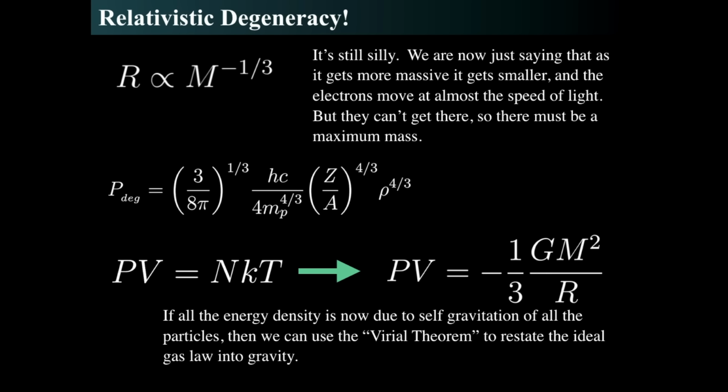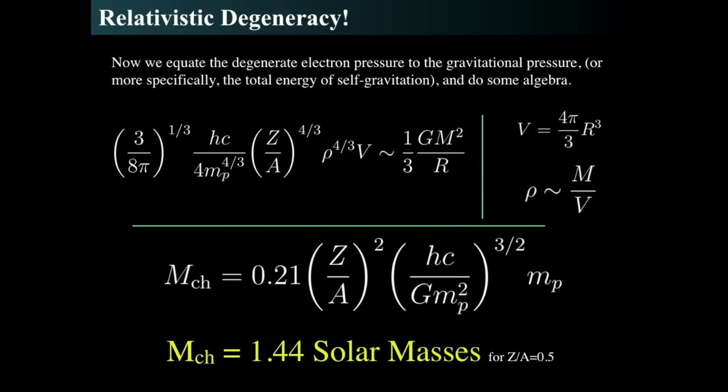We say the average pressure of a star times the average volume of a star is equal to the self-gravitational energy, which would be GM squared over the radius of the star, the mass of the star squared divided by the radius of the star. That minus 1/3 comes from the self-gravitational energy of the entire star on top of itself. So we can think of the pressure times the volume equals the self-gravitational energy, and we can plug in the degenerate pressure and see what we get.